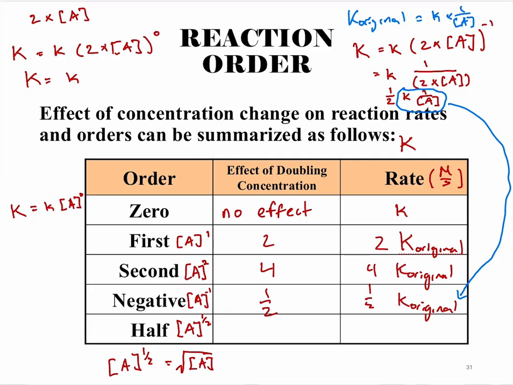All right, and then does anyone have any idea for the half reaction? This one's a little funkier, just because it depends on how much you remember from math, but this is just going to have a 2 to the 1/2 left over, which I think is like 1.44 times k original.